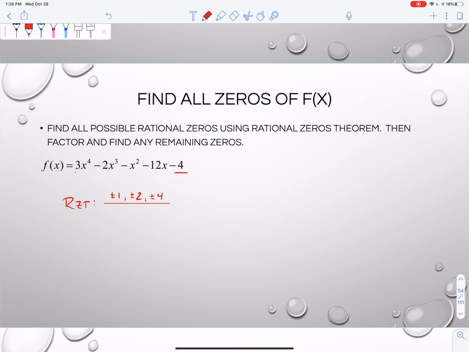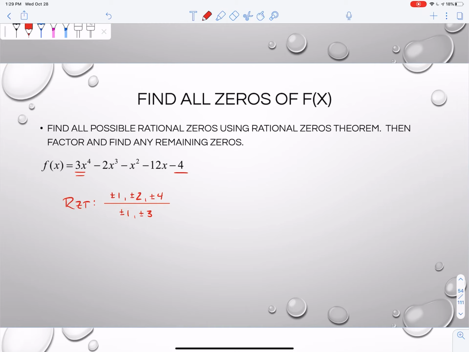Now I want all of the factors of my leading coefficient 3. So I'm going to have plus and minus 1 and plus and minus 3. So now I need to come up with all of the possible pairs, with each of my two possible denominators. So I'm going to generate a list. I'm going to start with my first denominator, the plus and minus 1.